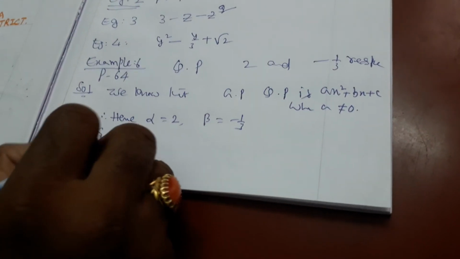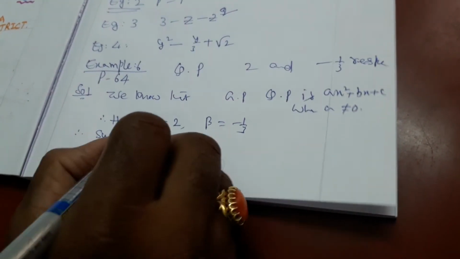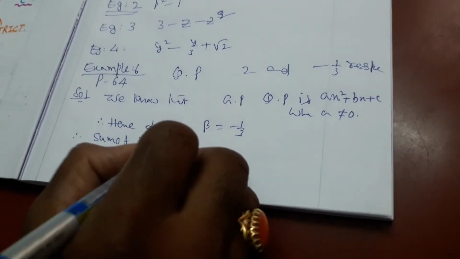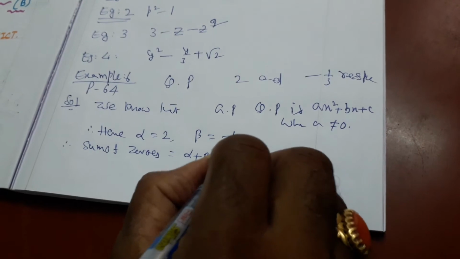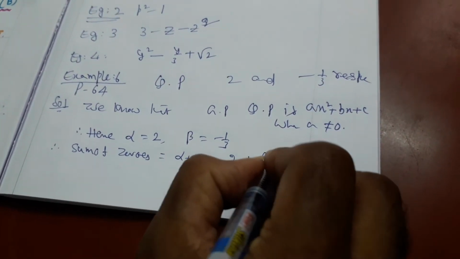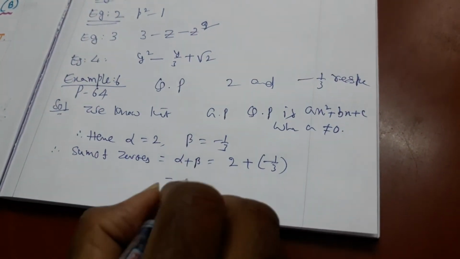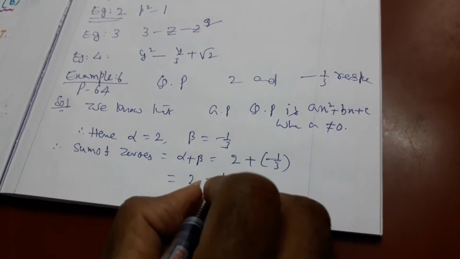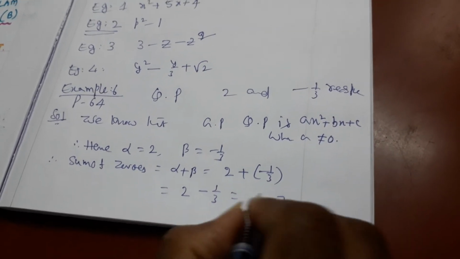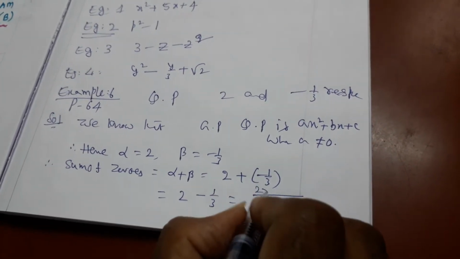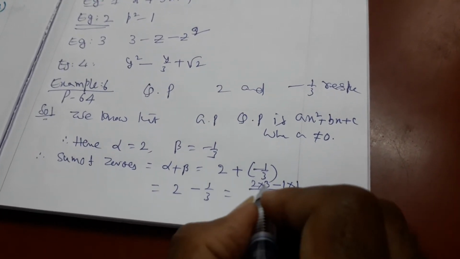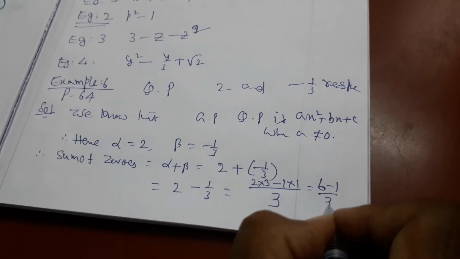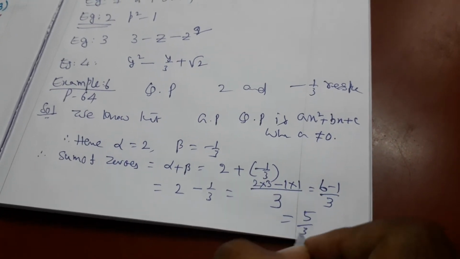Therefore the sum of zeros is alpha plus beta, that is 2 plus minus 1 by 3. 3 is the LCM, so 2 into 3 is 6, minus 1 by 3, that is equal to 5 by 3.